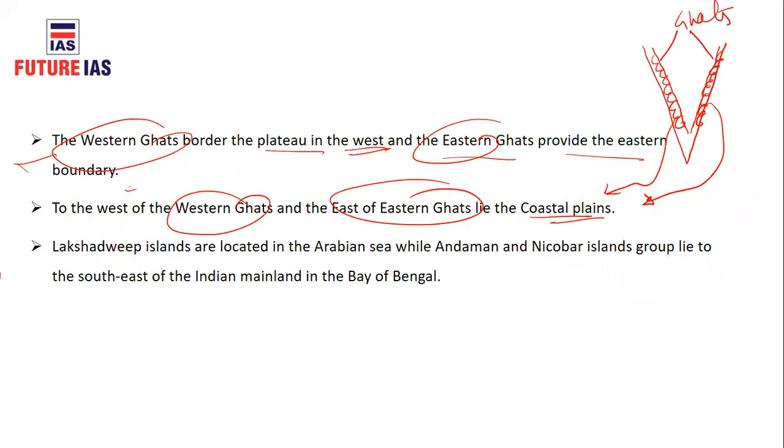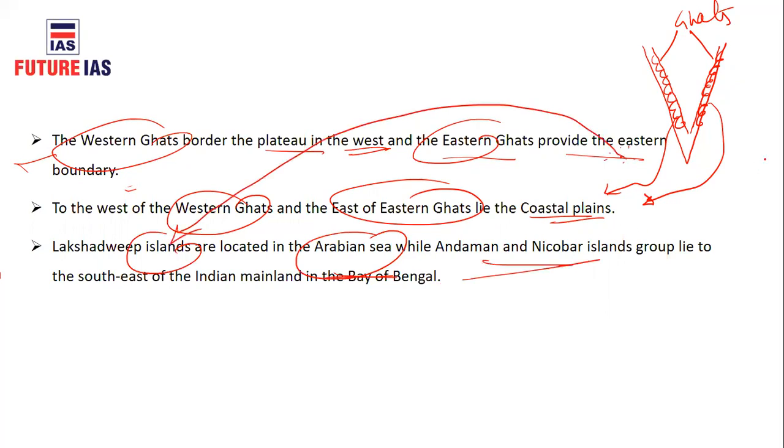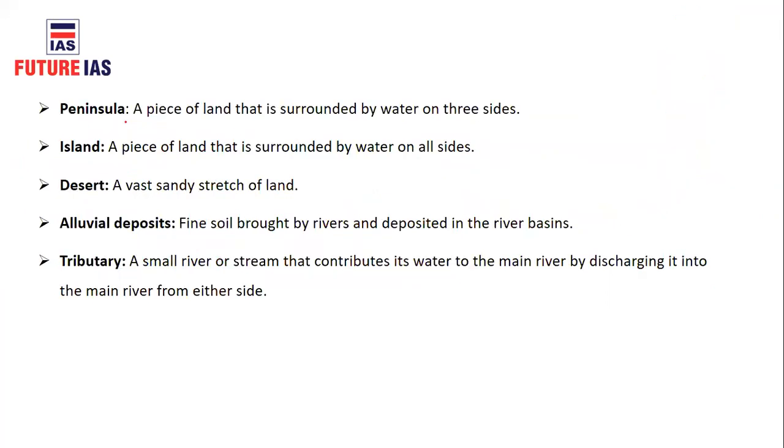All right, and the Lakshadweep islands are located in the Arabian Sea. So you will have the Lakshadweep islands here somewhere, and the Andaman and Nicobar islands lie somewhere here in the Bay of Bengal region. All right, and you have the Indian Ocean, which lies to the south of the Indian mainland. A peninsula is a piece of land which is surrounded by water on three sides.